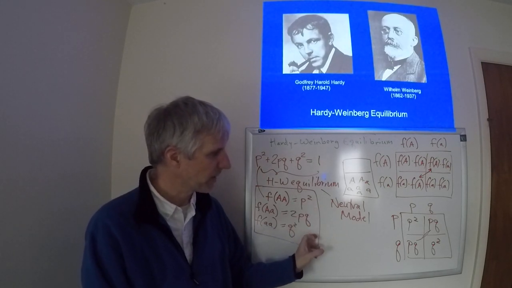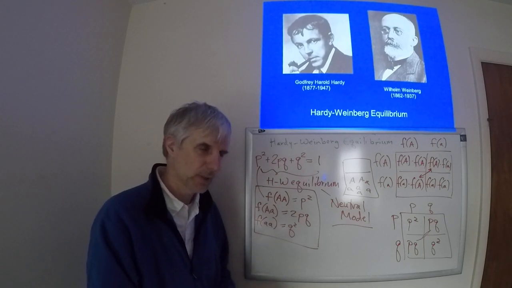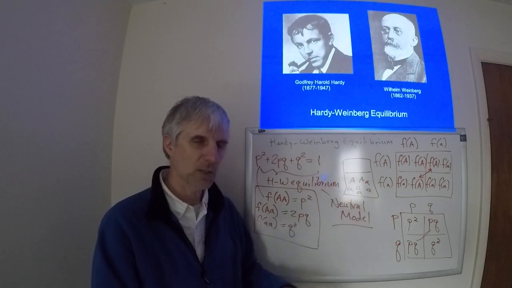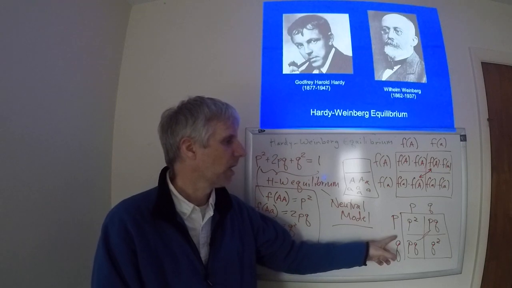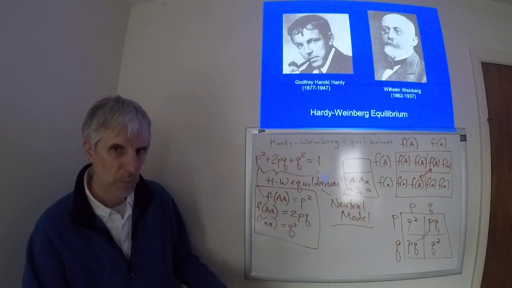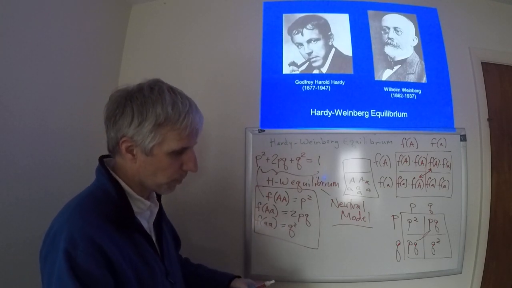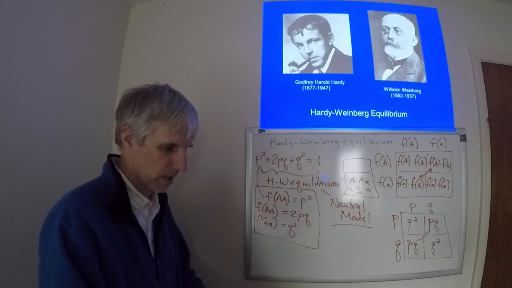But in order to predict that, we have to make assumptions of no change. In other words, we can't allow certain things to change within the bucket, because if we allow those things to change, our predictions won't be valid. Okay? So the neutral model predicts what happens if these changes are not allowed.